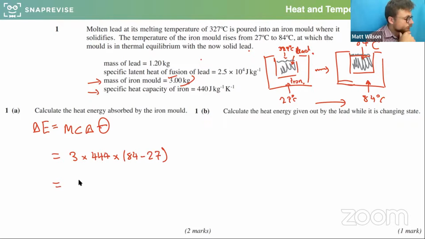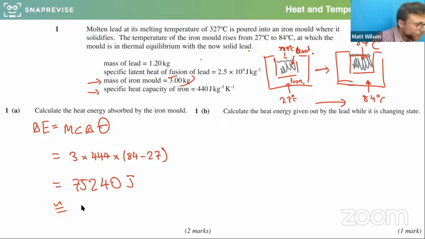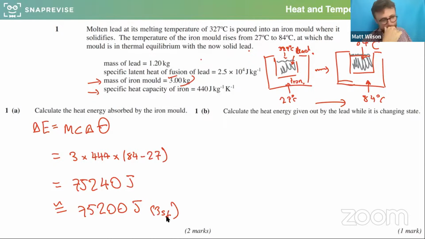If you chuck all this into a calculator, you will get around 75,240 joules. In other words, to 3 significant figures, 75,200 joules.